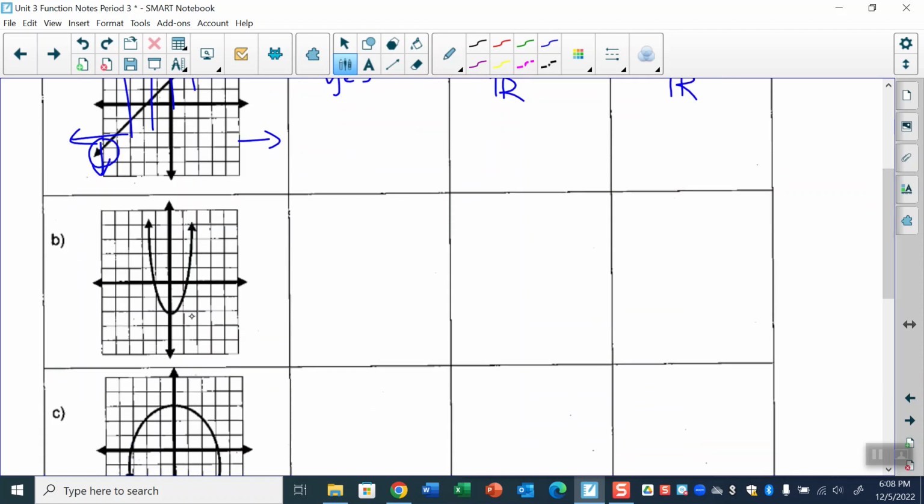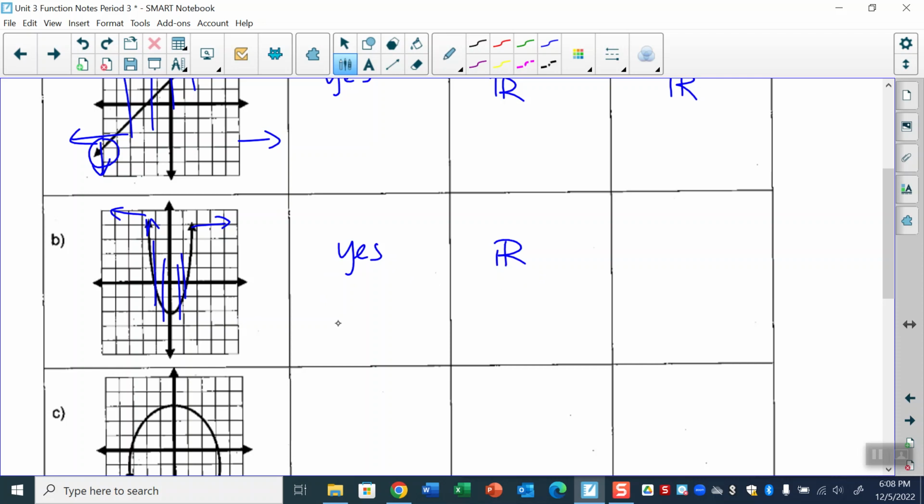Okay, if I have a parabola, right? Yes, it is a function. It goes forever. Now it looks pretty steep. Okay, it looks like it's going straight up and down, but it's not. It actually goes left forever and it goes right forever. Very slowly, but it does go left and right forever, so that would be all real numbers.